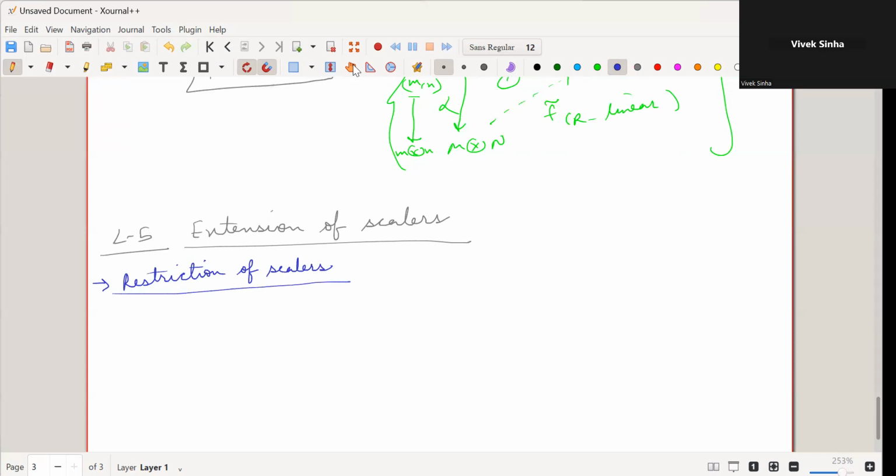This says: let R, S be rings and phi from R to S be a ring homomorphism.